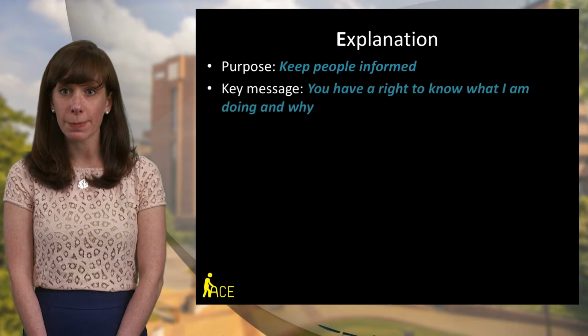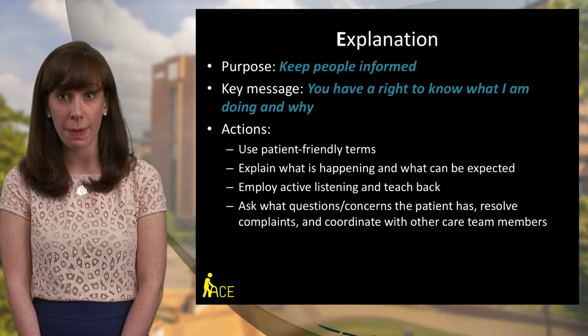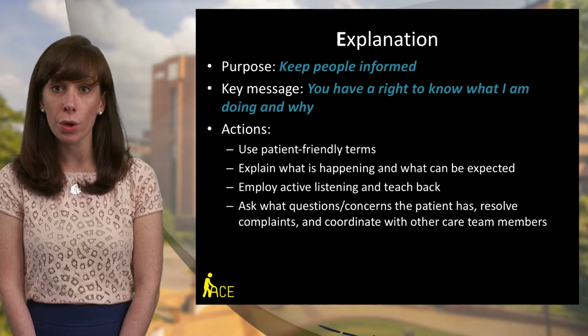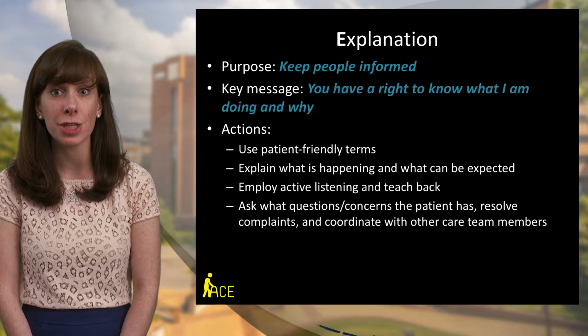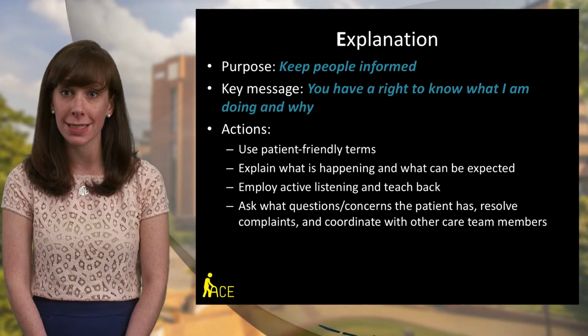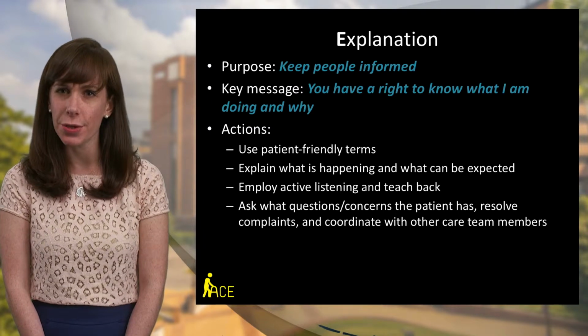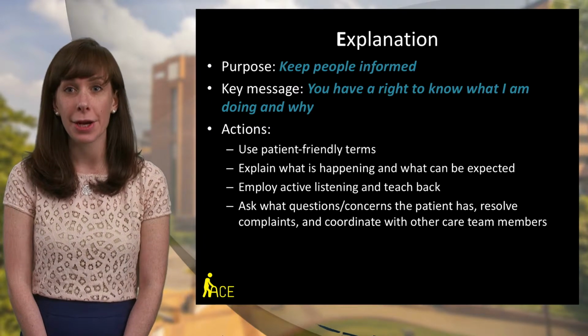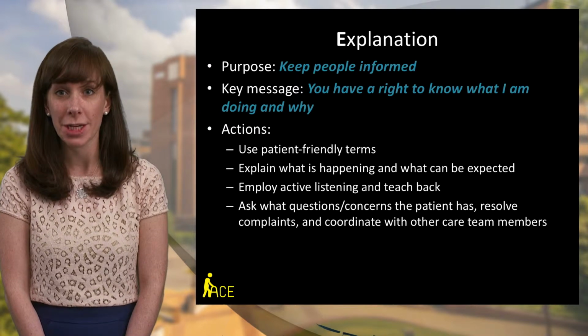To effectively explain, use patient-friendly terms to explain what is happening and what to expect. One of the most important parts of effective explanation involves active listening and asking patients to teach back to you what you've explained to them. It's always good to finish up by asking, what questions do you have? The quality and clarity of information that patients receive from their physicians are key drivers for patient satisfaction.